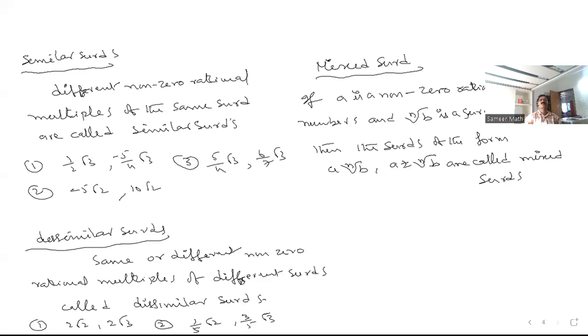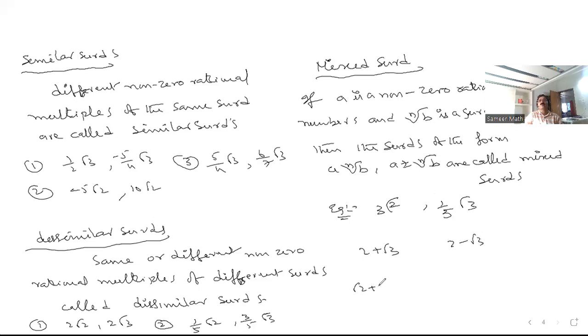Right. You see here, guys, mixed surd. What are the examples, Nana? The examples are like this: 3 root 2, 1 by 5 root 3. These are all mixed surds. Another one, 2 plus root 3 is a mixed surd. 2 minus root 3 is a mixed surd.